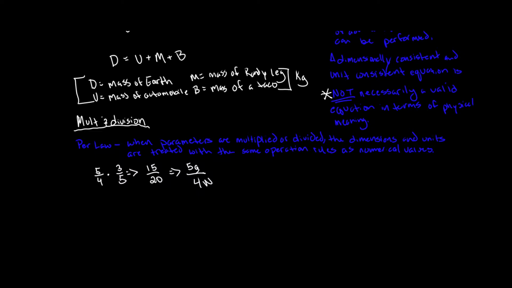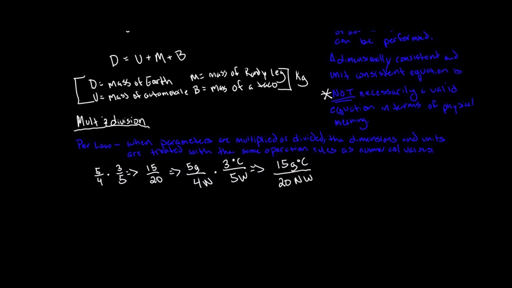Newtons, times 3 degrees Celsius over 5, we've got a gram, Newton, Celsius, what are we missing? Well, let's just throw in a watts. We just multiply across, and we come to 15 grams degrees Celsius per 20 Newton watts.